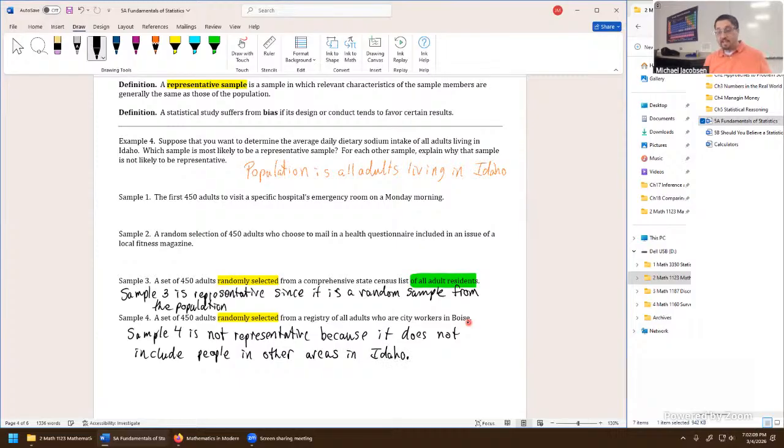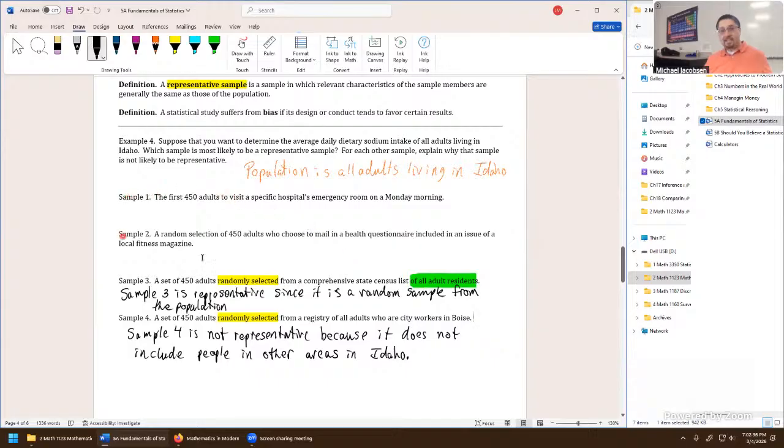So if we based our study off this sample right here, we're going to have a really bad time with our conclusion. We'd have to revise. Our population is now just city workers in Boise. That wasn't the intent of the study whatsoever. We're trying to study all adults living in Idaho, not just this really fine slice. That's a very small subpopulation.